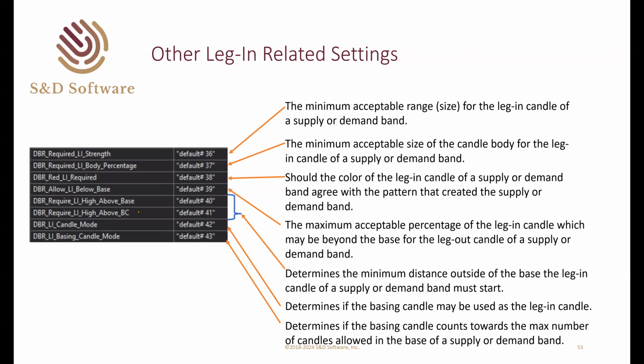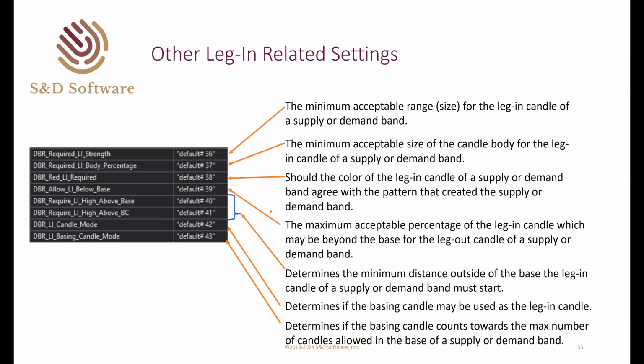Now, the next two settings here, again, we're talking about a drop base rally. So the leg in candle should start somewhere above the base, ideally. And these two settings basically set a minimum for where that leg in candle has to start relative to the base.